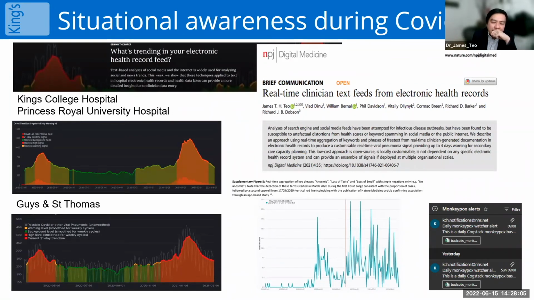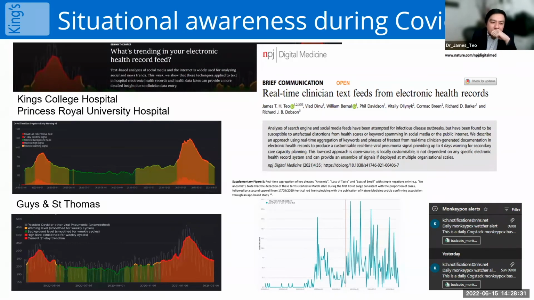And actually there's a phase difference in that the text signal preceded the lab results by about 24 to 48 hours, because obviously the symptoms and the differential thought in the person's mind and the doctor happened before the lab is even aware and processing the sample.